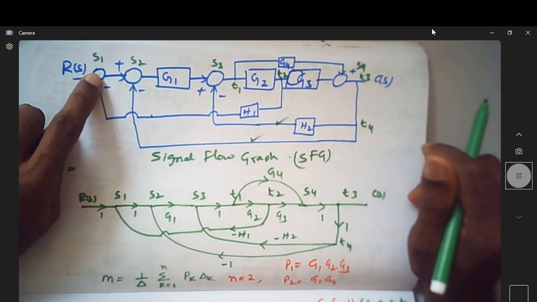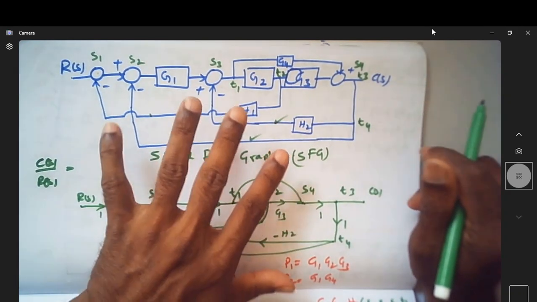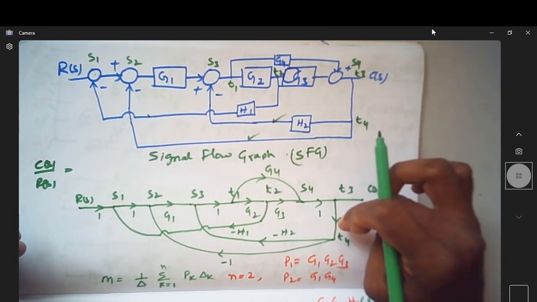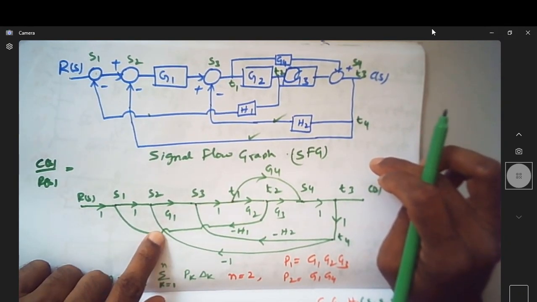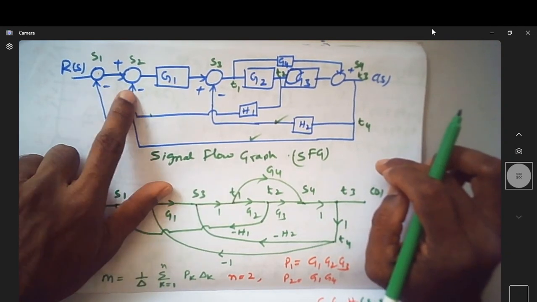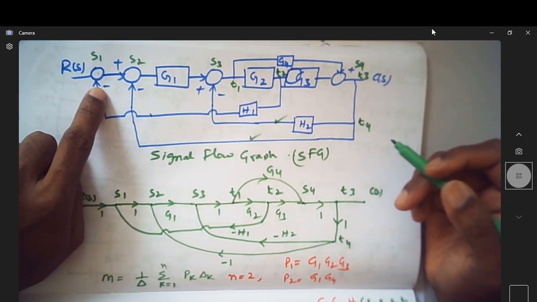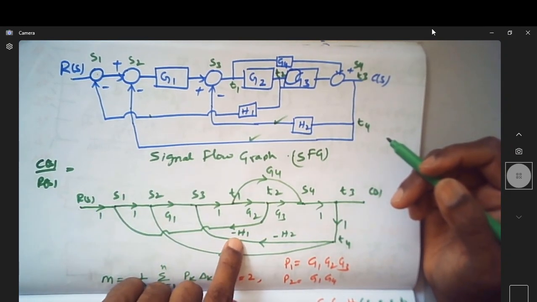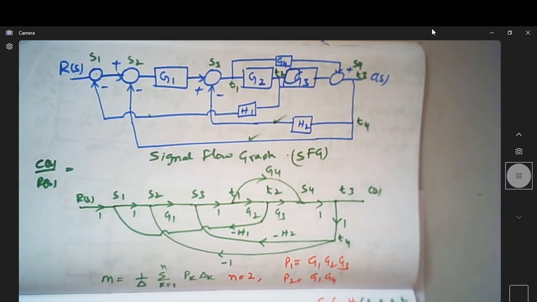It's very simple. Identify the different summing and takeaway points, and mark them exactly as they are in the block diagram, so don't alter the position, let it be there as it is. So you have this as the interconnection of those nodes. Include their path gain, whether it is unity, G1, H1. Make sure that the signs of negative feedback and positive feedback are merged with the magnitude.